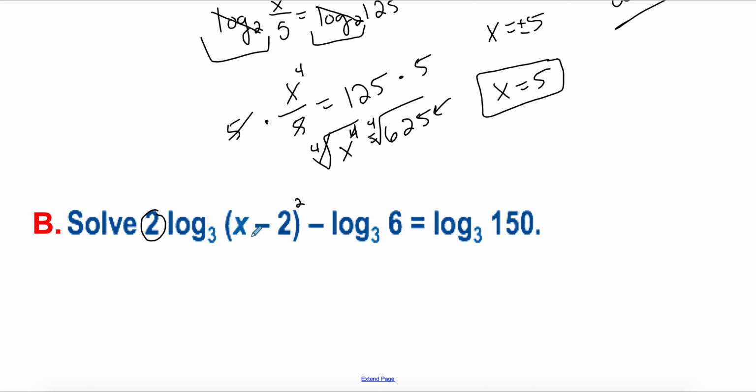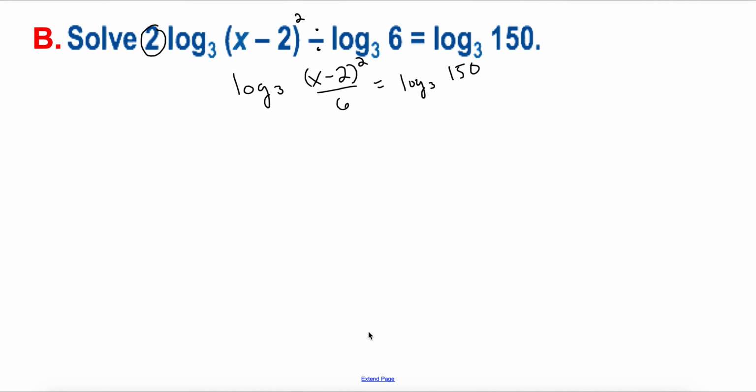So this log will divide the stuff inside with this log. So log base 3 of (x minus 2) squared over 6 equals log base 3 of 150. All right, those will go away.